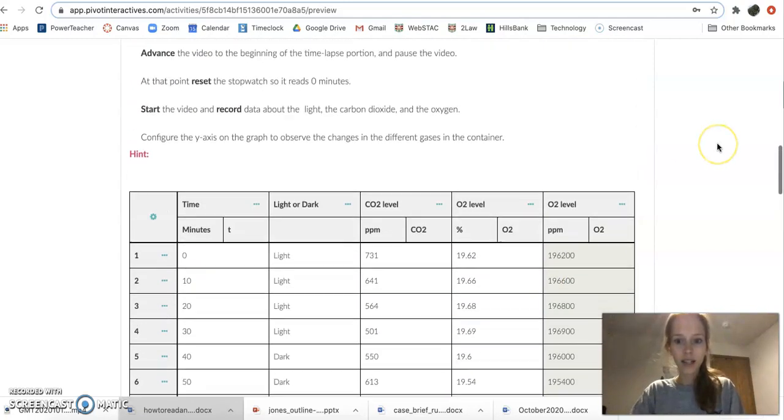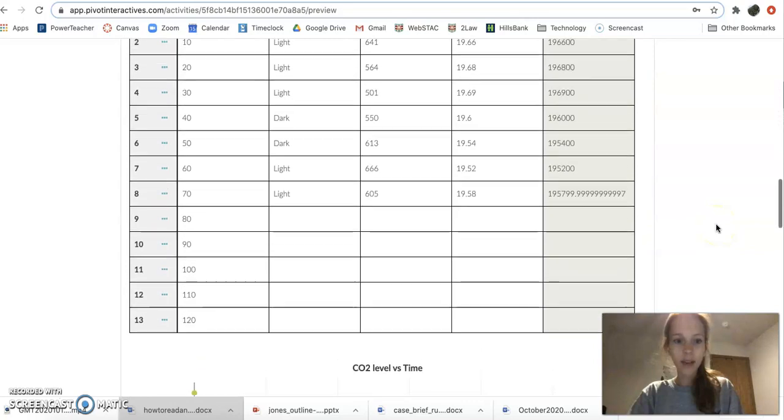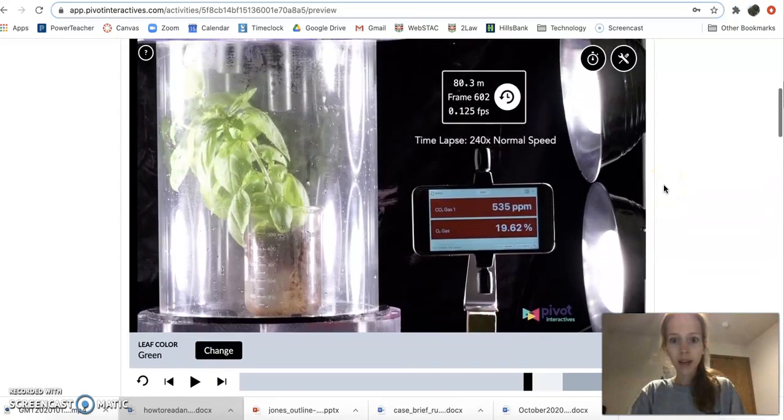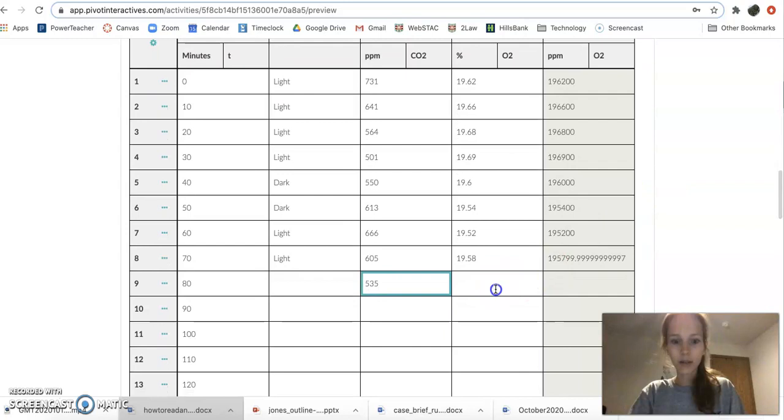All right, ten more minutes. If you're getting bored of this, pat yourself on the back. That means you're getting good at it. Okay, so 535 ppm is my CO2 level, and my O2 level at 80 minutes is 19.62.